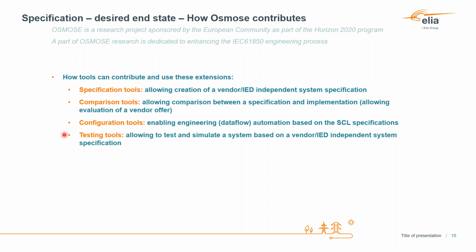For testing tools, we also see new possibilities in, for example, now testing a specification which does not yet contain any IED or vendor information, allowing a user to verify the quality of his specification already at a very early stage.